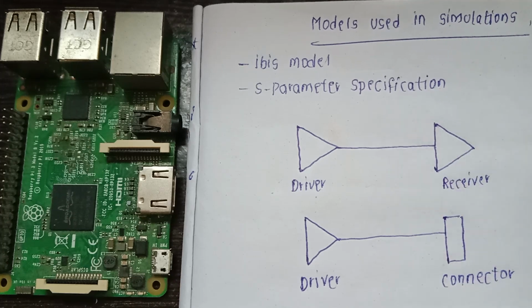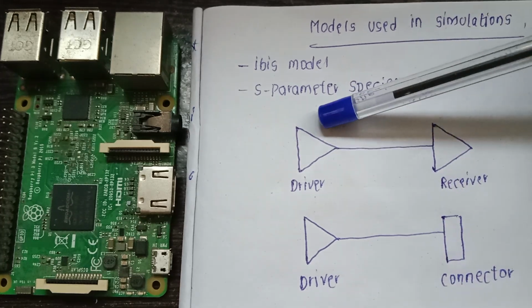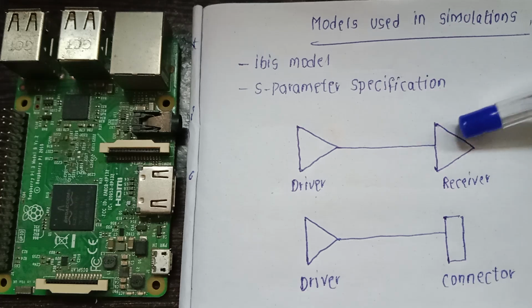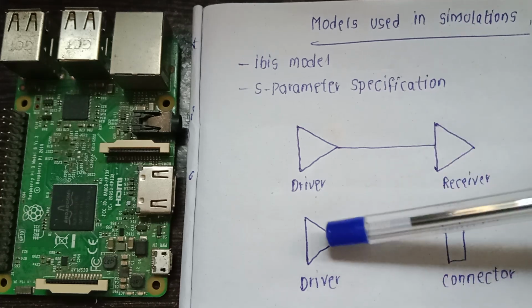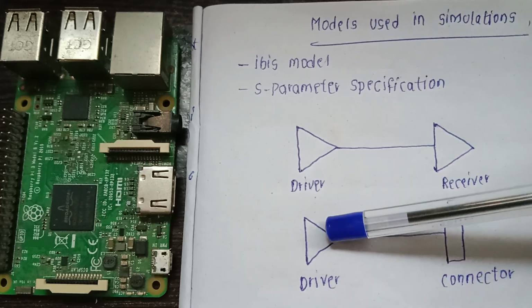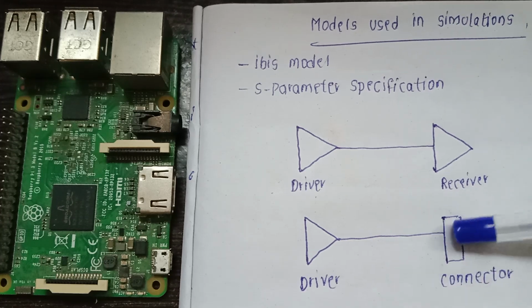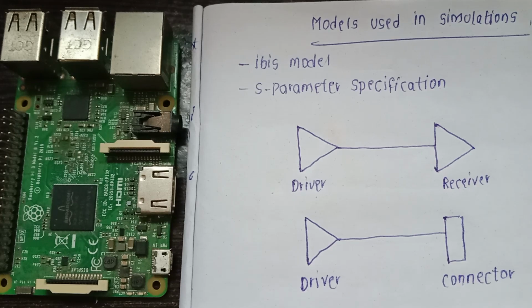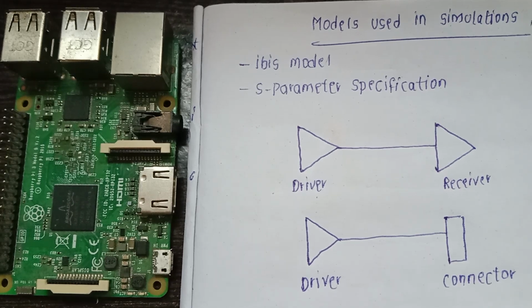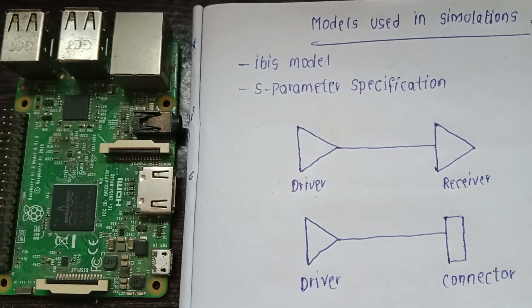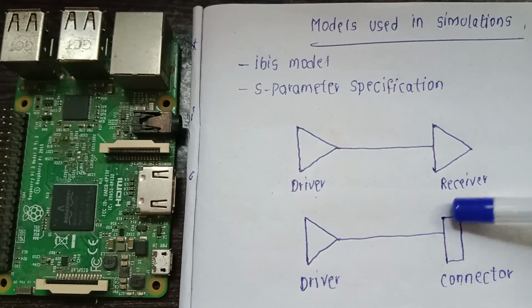So these are two different scenarios. This is an active IC, this is again an active IC, but the connector is a passive thing. It doesn't need any voltage to operate, correct? But it will have losses associated with it.